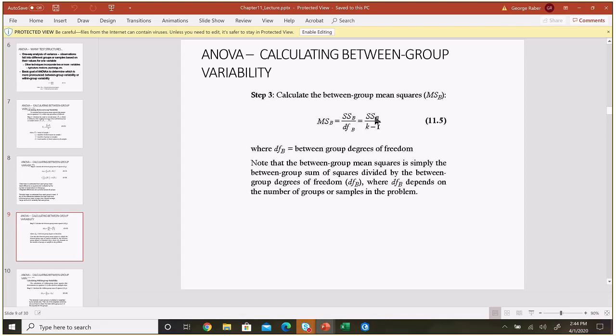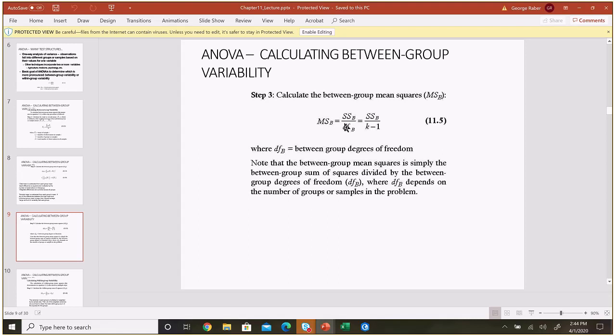The last thing to do is to normalize that, just like you would with the variance value. You normalize that by the number of observations. So they call that the degrees of freedom value, but it's not the actual number of observations in this case. The number of observations in this case is the number of groups.